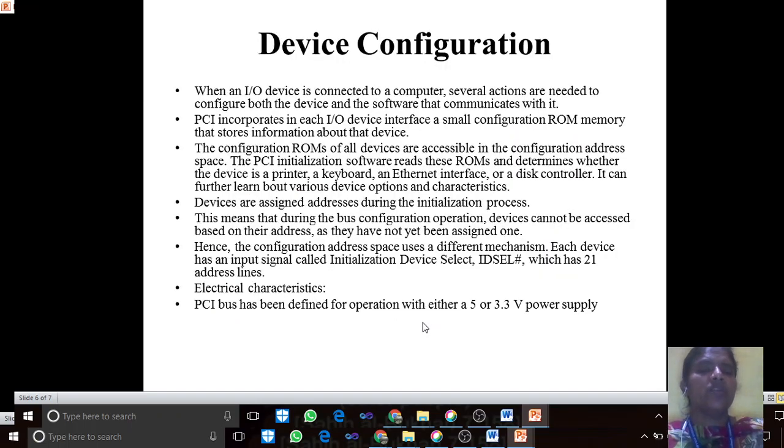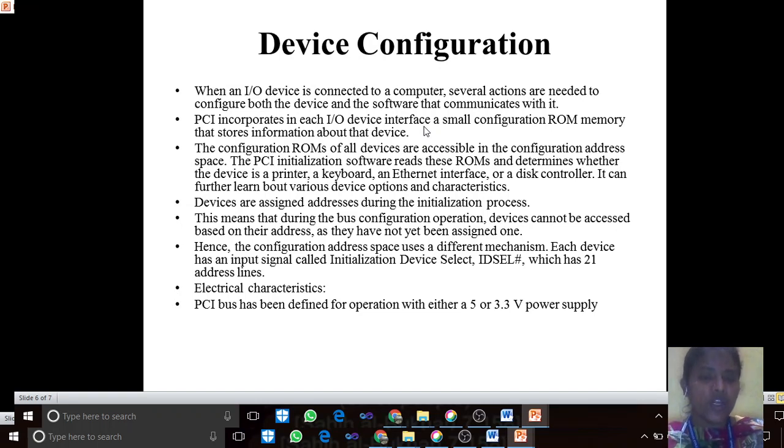Device configuration. When an IO device is connected to a computer, several actions are needed to configure both the device and the software that communicates with it. PCI, Peripheral Component Interconnect, incorporates in each IO device interface a small configuration read-only memory that stores information about the device.